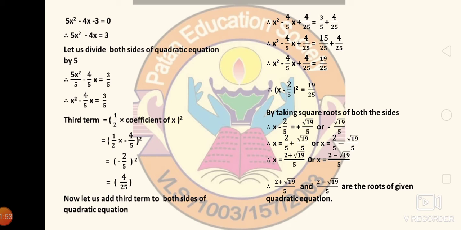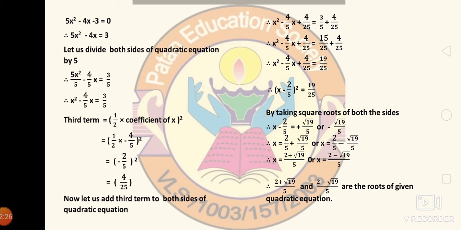So third term is equal to 1 half into coefficient of x, bracket complete, square, that is 1 upon 2 into coefficient of x. What is the coefficient of x? Yes, negative 4 upon 5, that you need to write. Now 2 1s are 2, 2 2s are 4, so it will become negative 2 upon 5, bracket complete, square.